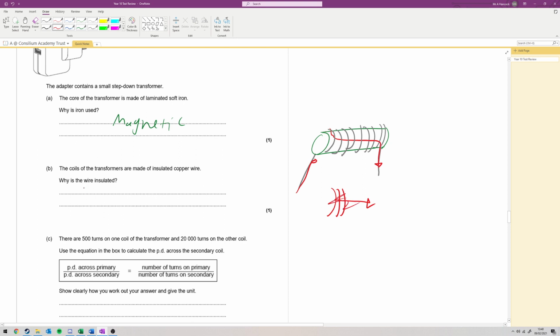So, why is the wire insulated? To stop the current flowing through the iron core. Right, I'll go back to green.